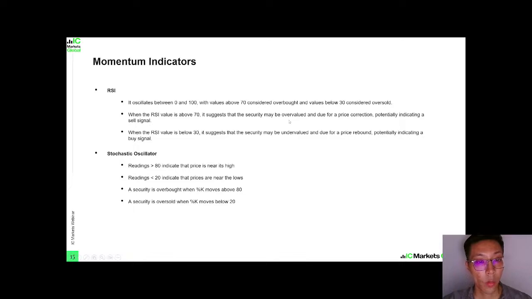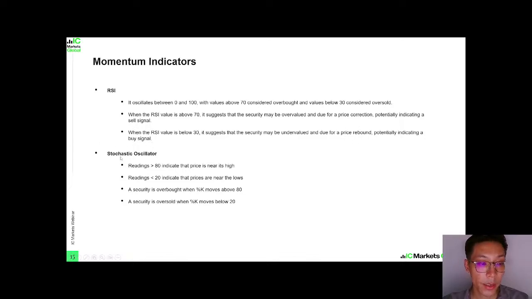Simply put, it is overbought and you're looking for sell opportunities. When the RSI value is below 30, it suggests that it may be undervalued, meaning oversold, and price might rebound, indicating a buy signal.